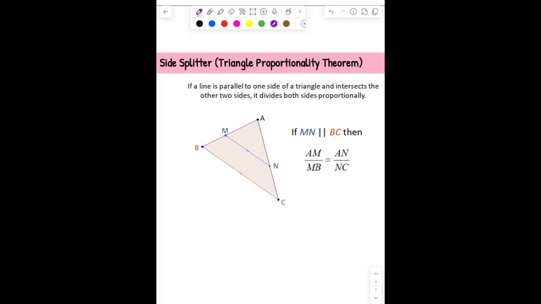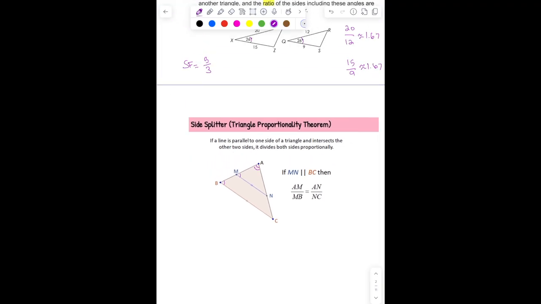So basically, if you have a line that's parallel to the base in your triangle, it creates congruent corresponding angles. And there's the shared angle A between the small and the big triangle. So you have AA. So anytime you see a line that's parallel to the third side of the triangle, like in this situation, it forms two similar triangles, the small one and the big one, and the sides are divided proportionally. The sides that are intersected are divided proportionally.